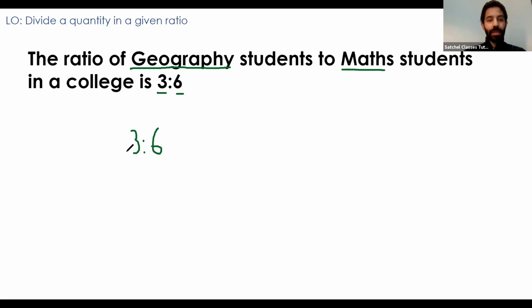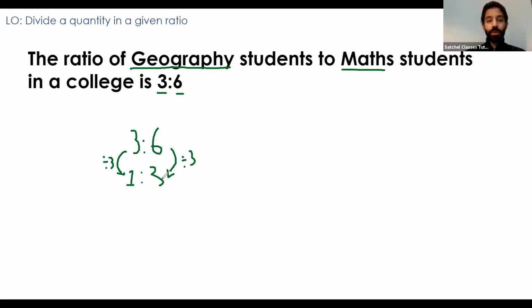We can divide both numbers by 3, as 3 goes into both of them. We will get a ratio of 1 to 3. So for every 1 geography student, there are 3 maths students.